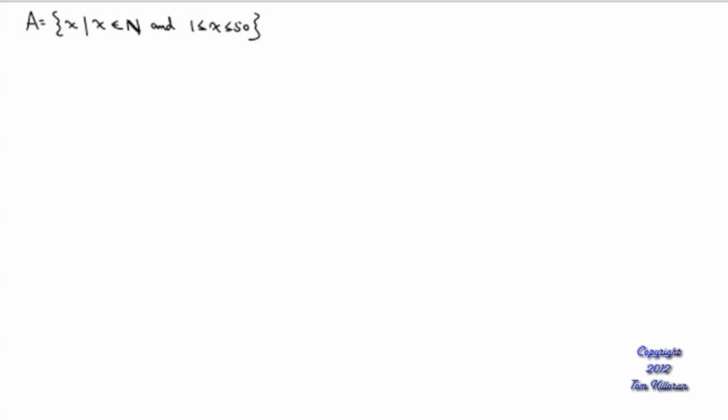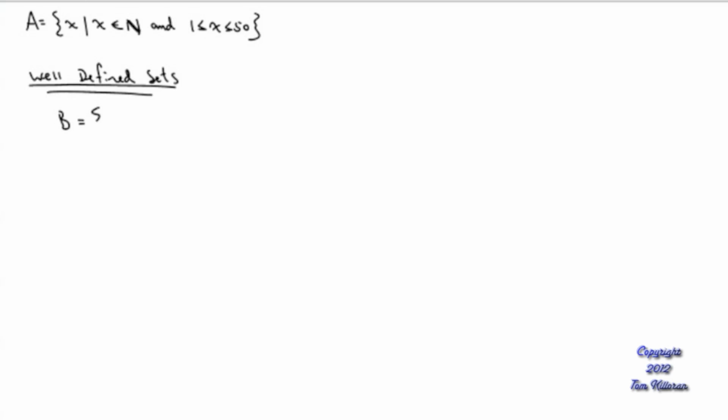All right, let's talk about well-defined. We are only going to be dealing with well-defined sets. So I'm going to write two sets up here, and you tell me which one is well-defined. Well, let's see.